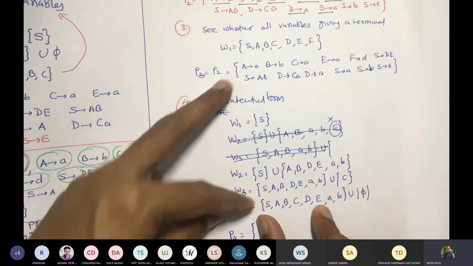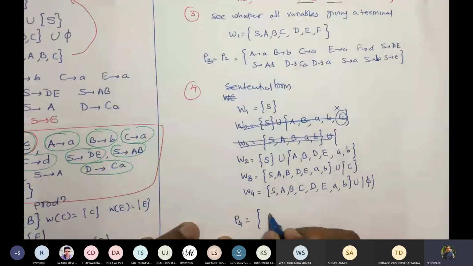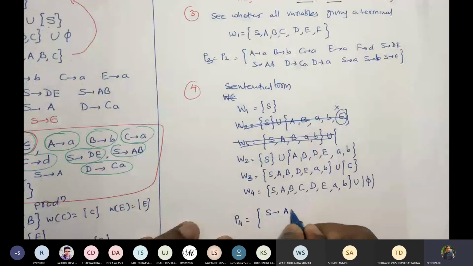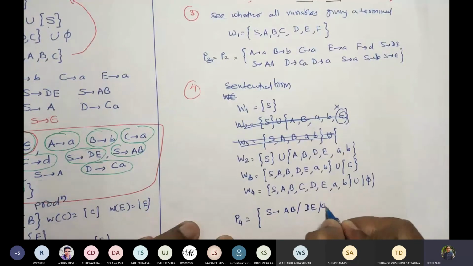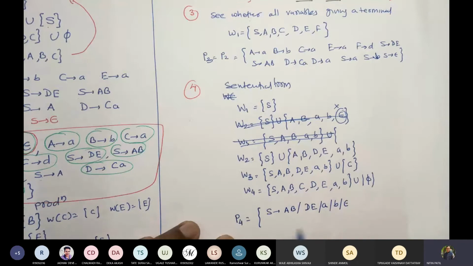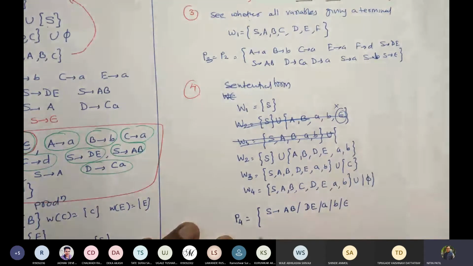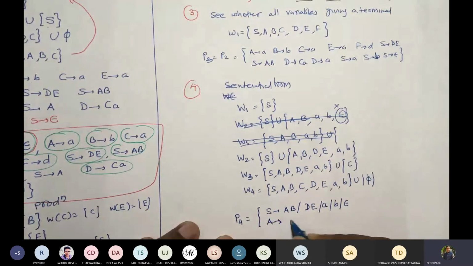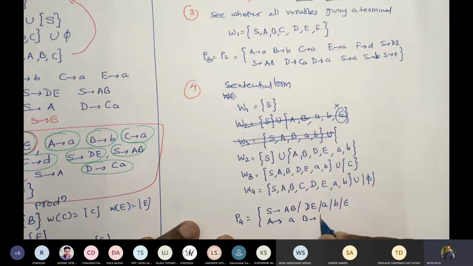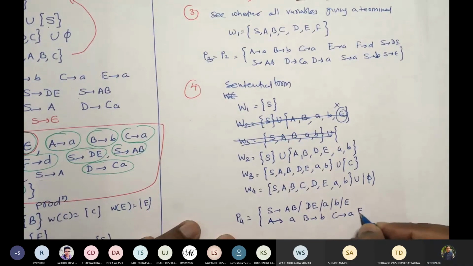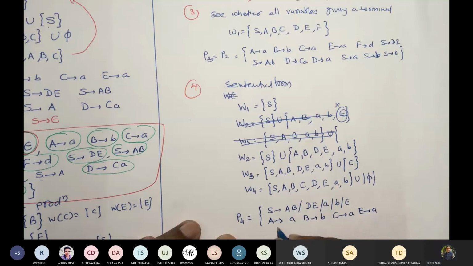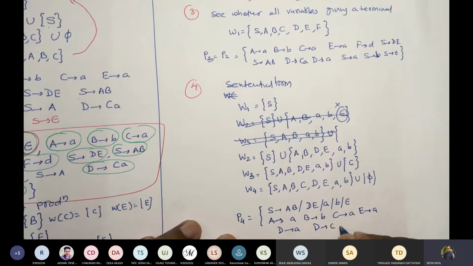Now S, A, B, D. You only take those productions. So S gives AB, S gives DE, S gives A, S gives B, S gives epsilon. I'm writing them in a single shot. A gives A, B gives B, C gives A, E gives A, D gives A, and D gives CA, and done.